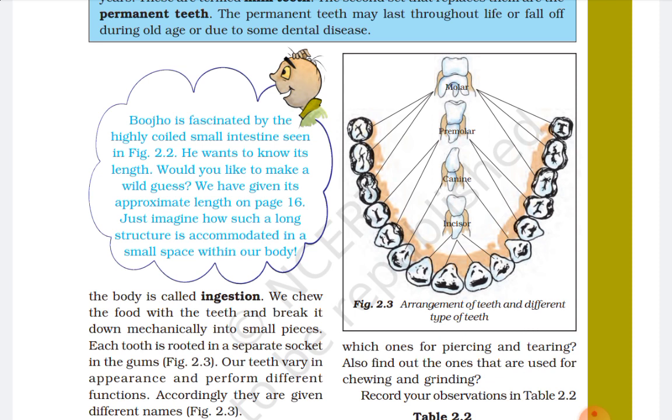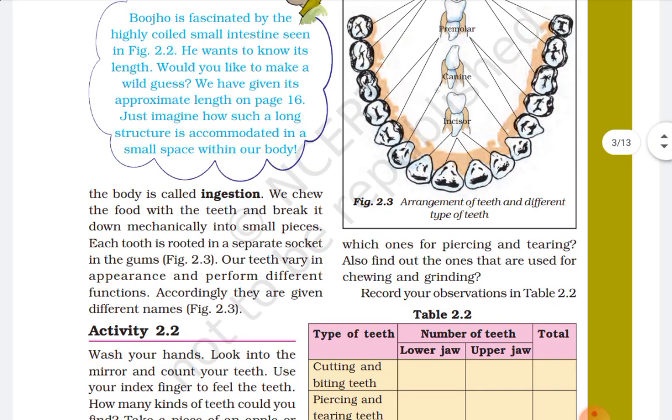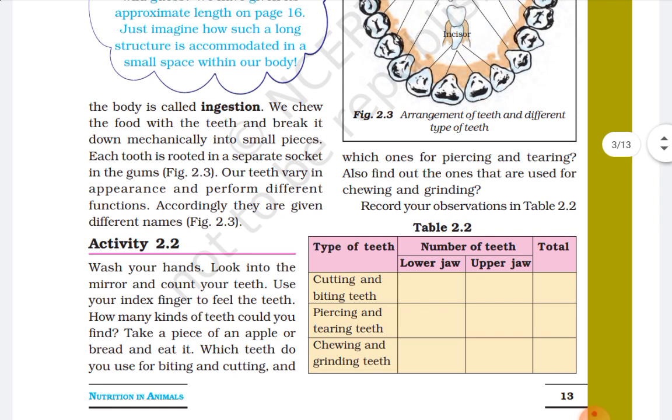Molars are the strongest. Incisors help in cutting the food. Canines help in tearing the food. Premolars and molars help in grinding and chewing the food. You see, when we eat non-veg, we just cut it with our canines and incisors. We take a bite.